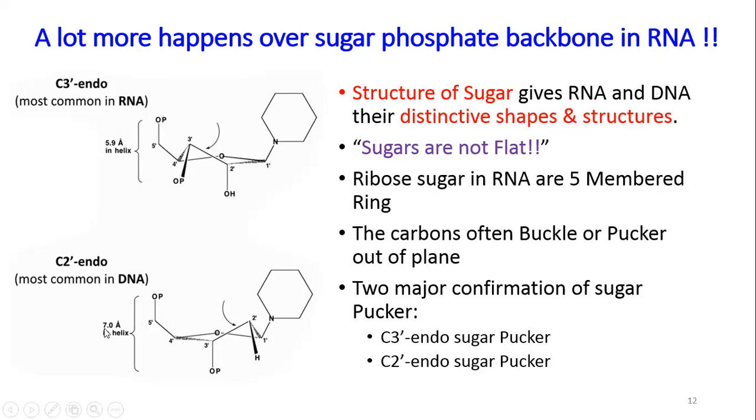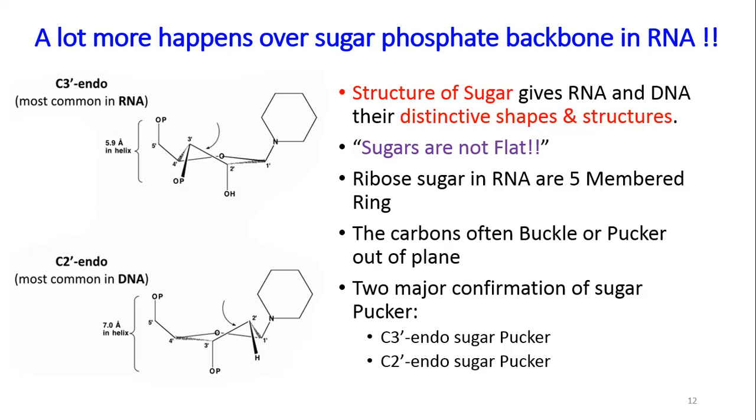That is, it is 7.0 angstrom in a helix. So it is the specific puckering of carbon atoms in this C3 prime endo group, or this C3 prime endo puckering, that is responsible for the differential interphosphate distance, so that the structure of RNA differs from the structure of DNA. It has far-reaching effects in the structure of RNA, which we are going to discuss later.